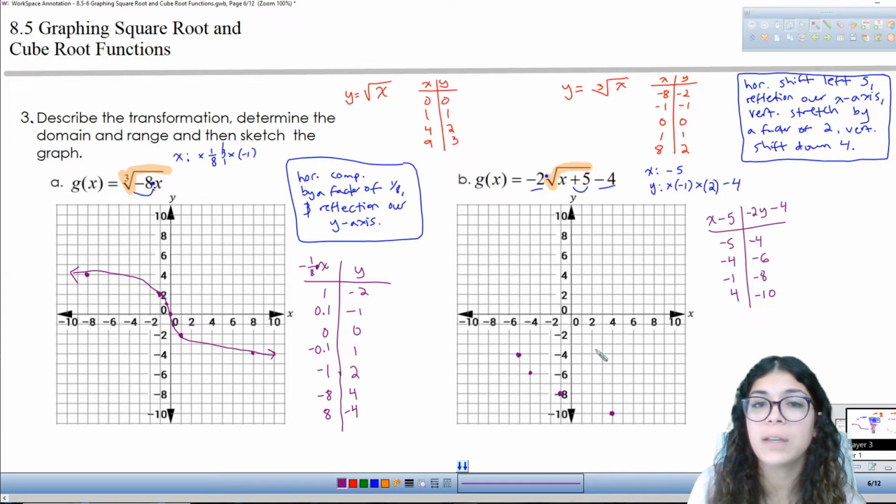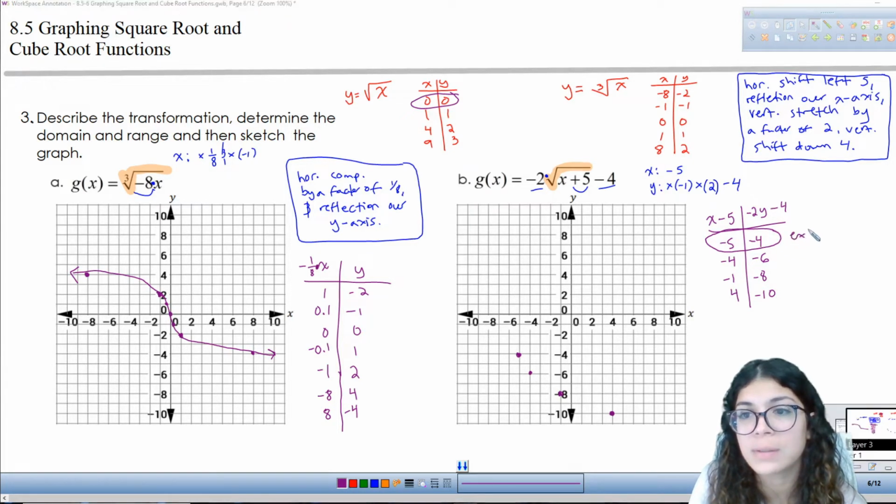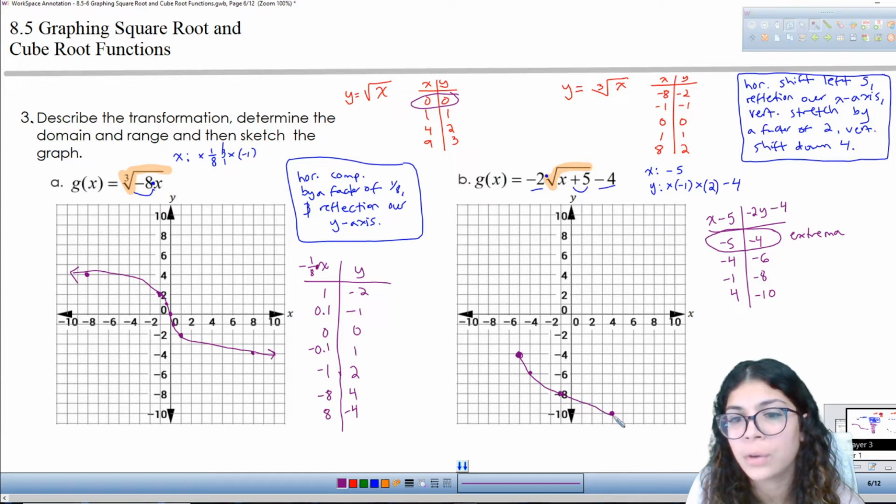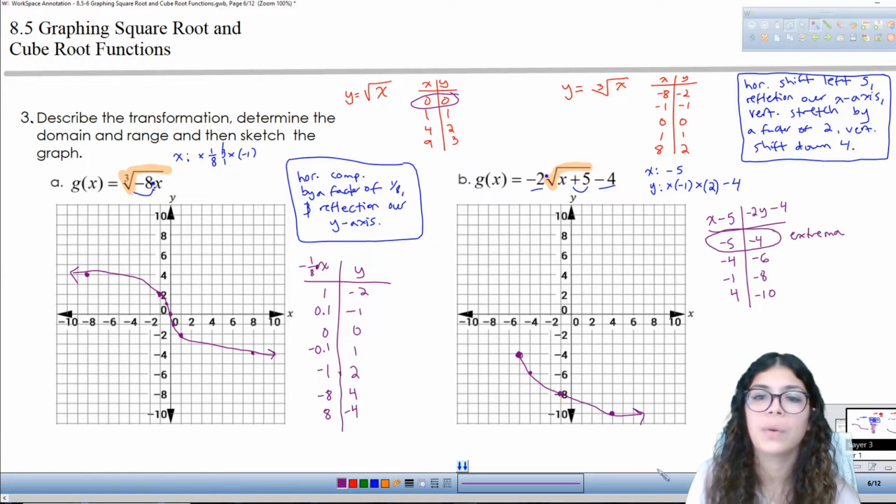Again, remember, keeping the extrema in mind is important. Here was the original extrema. These were the points when I transformed it. So this is still my extrema. So this is the endpoint, and then my arrow will go in the other direction. All right. So there we have it.